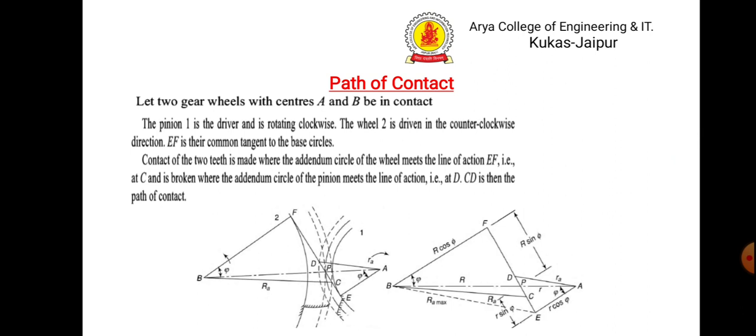The path of contact is nothing but your path of approach plus path of recess. Suppose r is the pitch circle radius of the pinion, capital R is the pitch circle radius of the wheel, RA is the addendum circle radius of the pinion, and capital RA is the addendum circle radius of the wheel, then the path of contact will be the path of approach plus the path of recess.